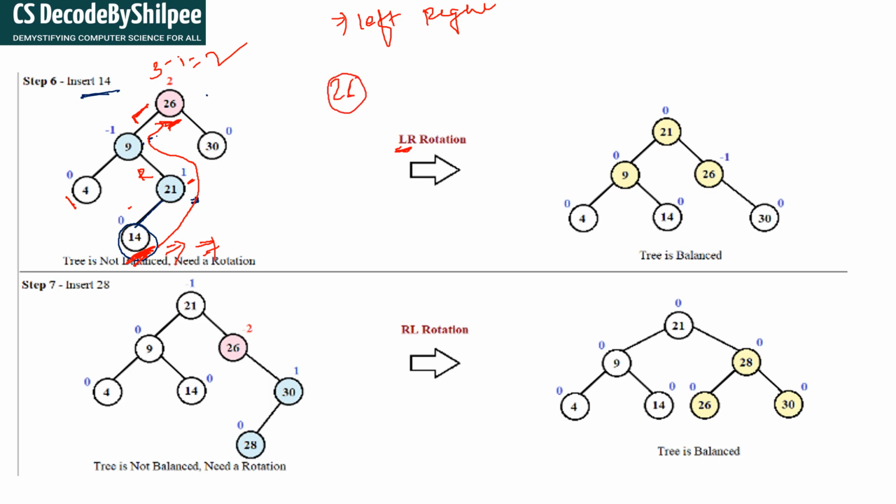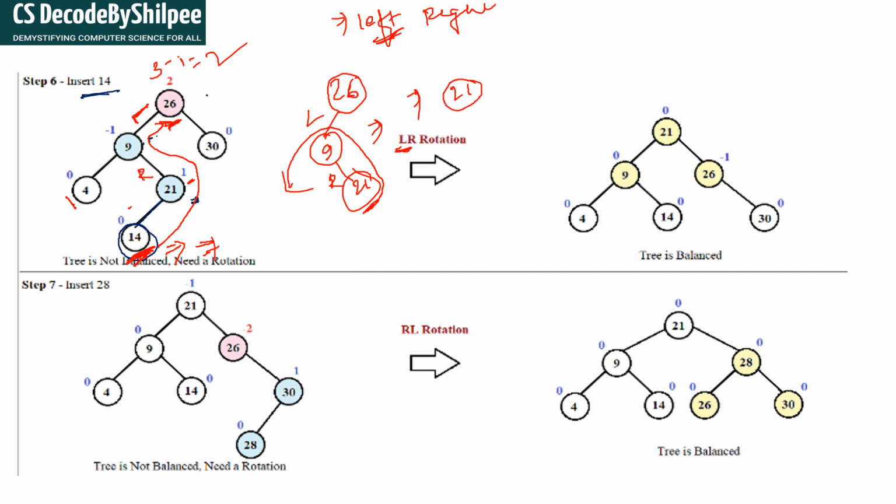We have 26, the left side is 9 and the right is 30. This is the concept, and here it is LR. If you go with the long cut method, you perform a left rotation, and that too from the last node. So here you perform the left rotation. So afterward what will you get?